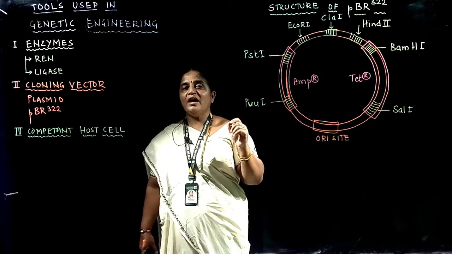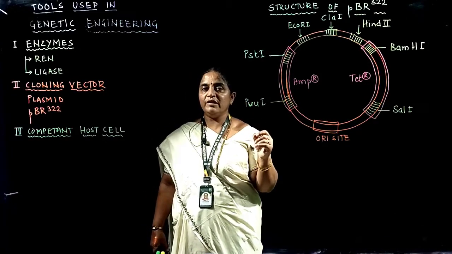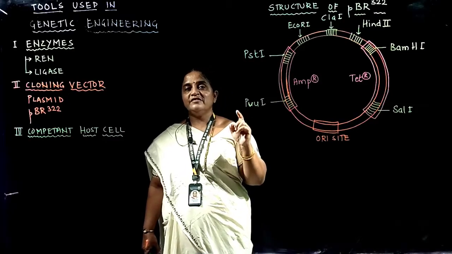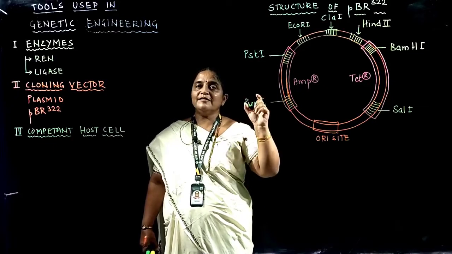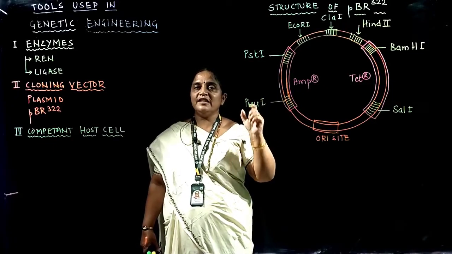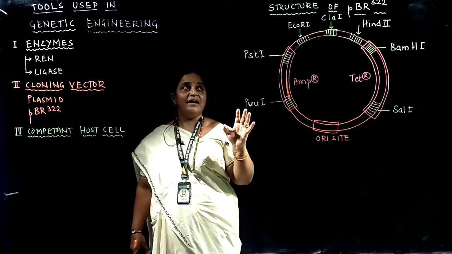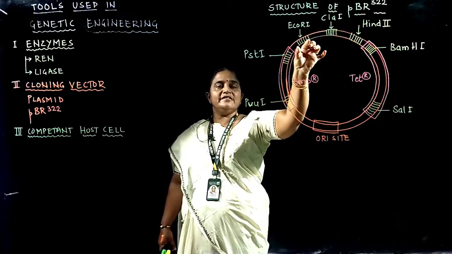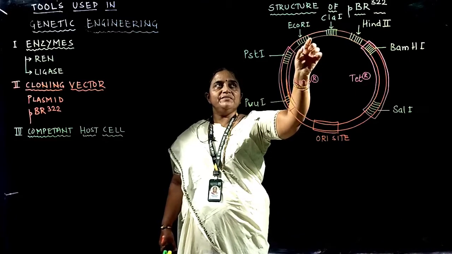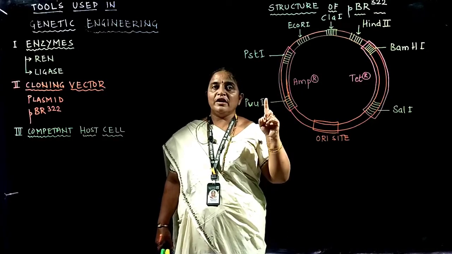For example, HIN indicates the enzyme is isolated from Haemophilus influenzae. D means it is strain D, and product 2, product 3. So REN recognizing a specific palindromic sequence is named HindII, HindIII. Like that, EcoRI. This REN recognizes a specific repetitive sequence comprising a 6 base pair region, isolated from Escherichia coli, strain R, and product 1.